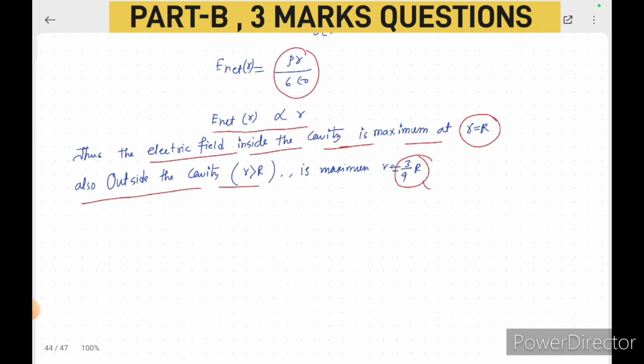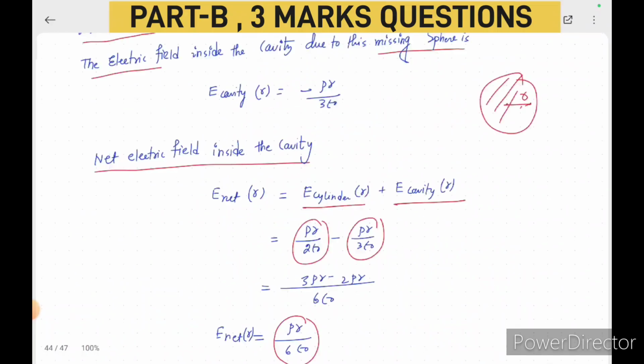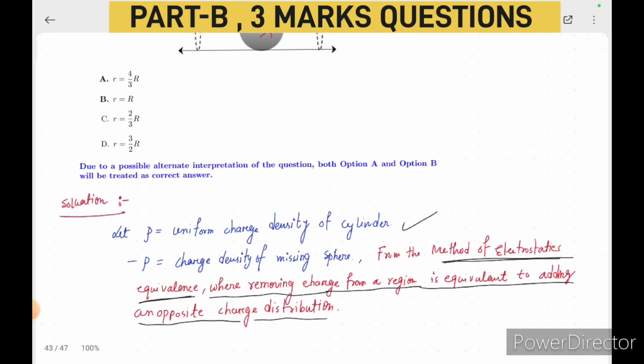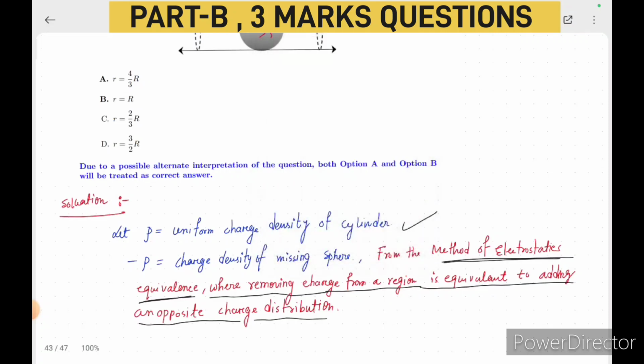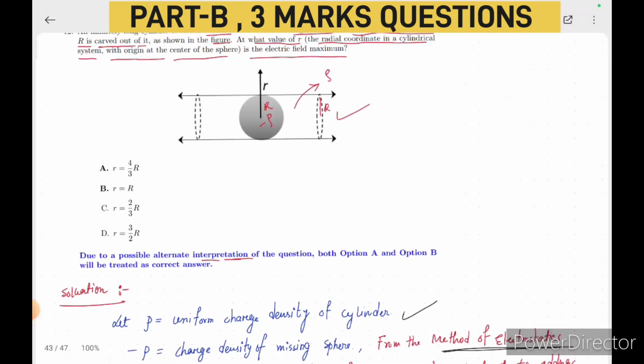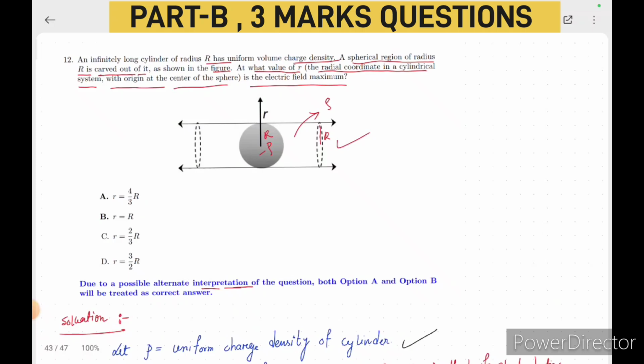In the question, we have two answers already mentioned, due to the possible alternate interpretations. If we calculate the maximum electric field at an outside point or at an inside point, we get two answers. They have not mentioned whether the electric field is maximum inside or outside; they just ask at what value of r the electric field is maximum.